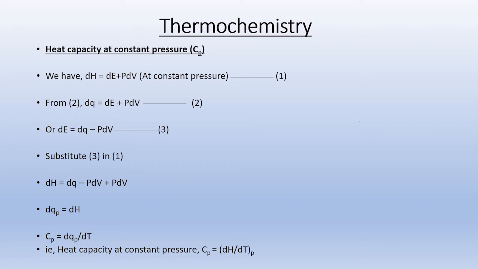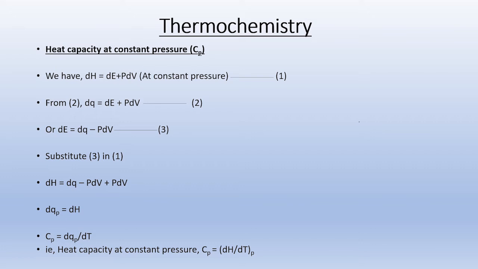And already we had the equation from the first law, dQ equals dE plus PdV, or it can be written as dE equals dQ minus PdV. So when you substitute this value of dE in the equation for dH, you get dH equals dQ minus PdV plus PdV, and that becomes dQ at constant pressure equal to dH.